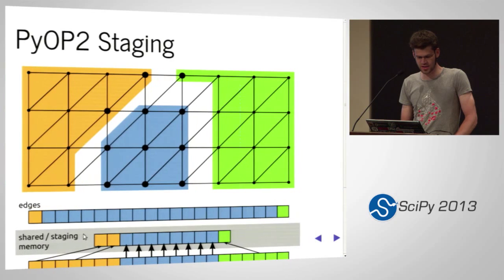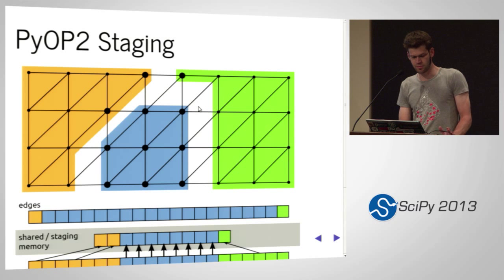And it stages this data. In this diagram, we see the partitioned mesh with 3 partitions. And we have a set of nodes, and we have a set of edges connecting those nodes.